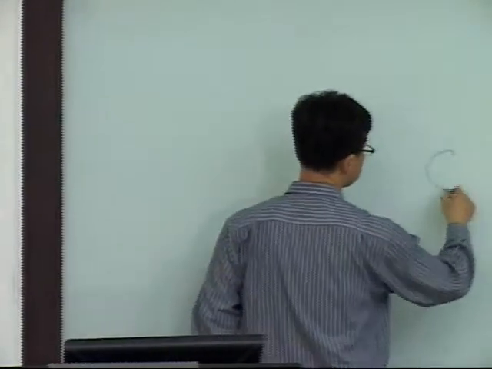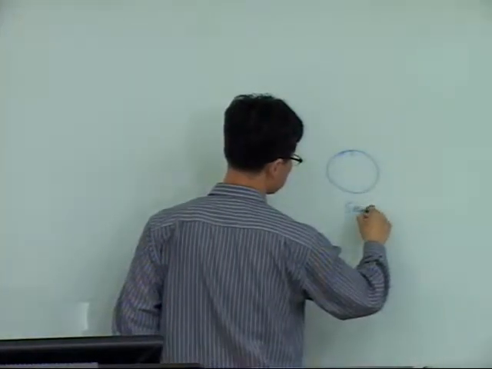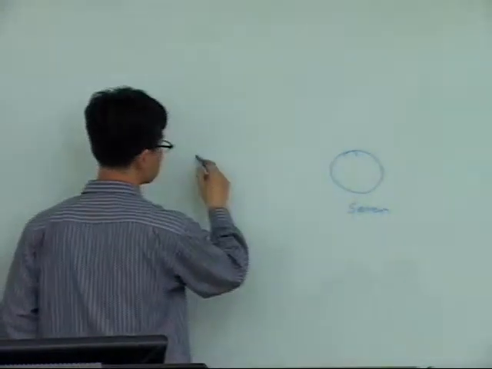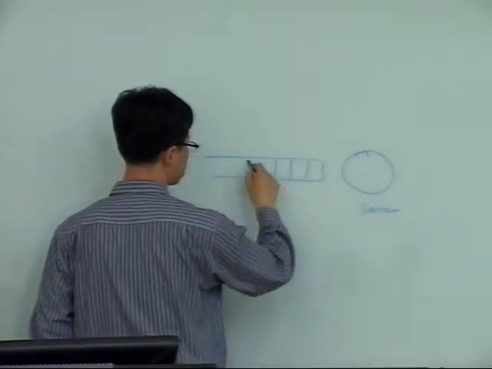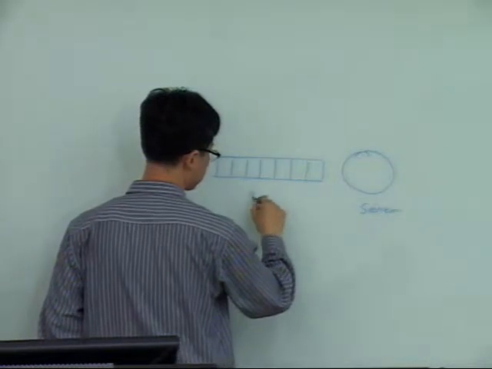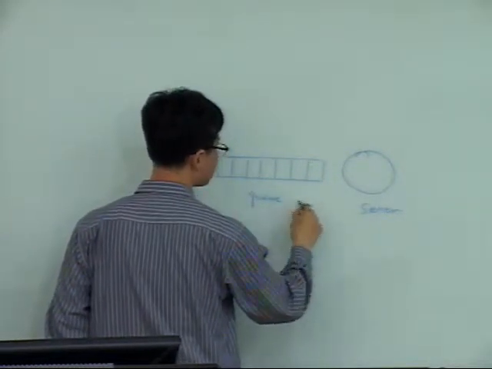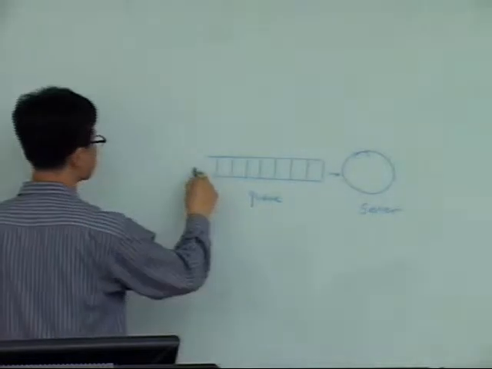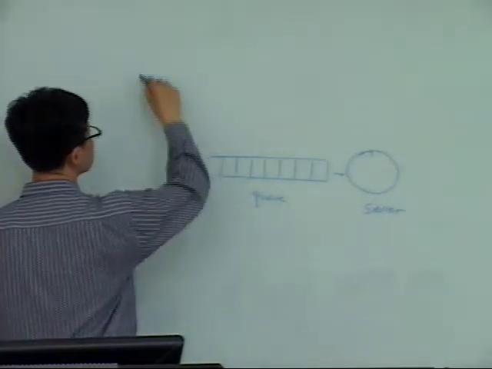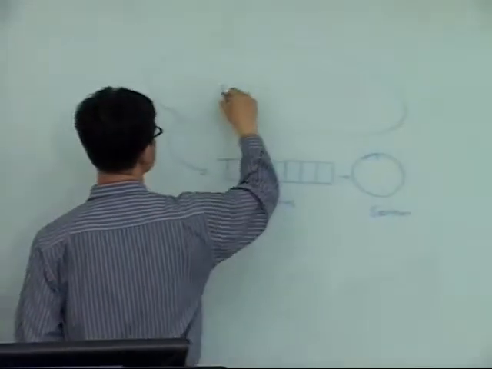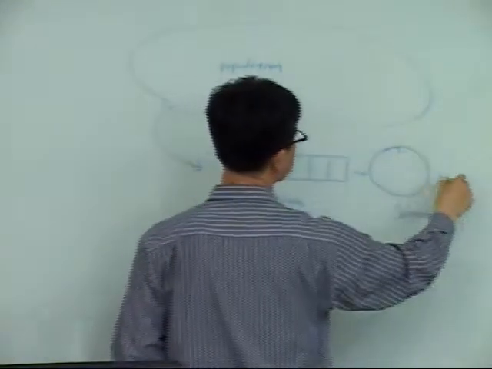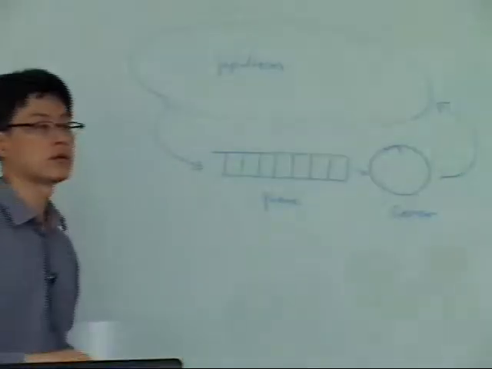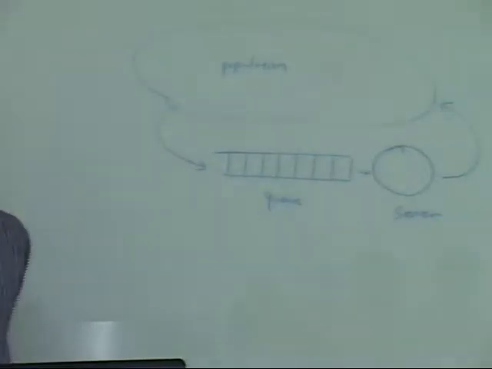So there is usually a server, and we draw the buffer like this.